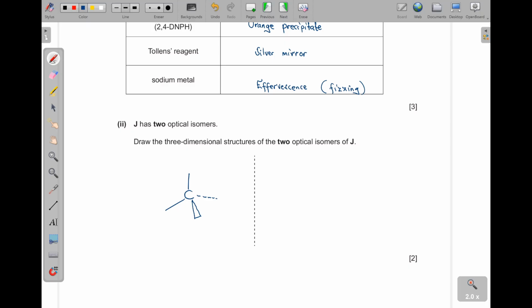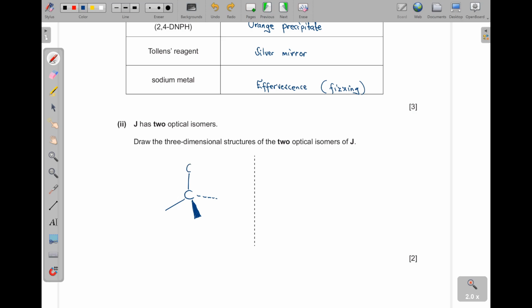This is 2D, but I want you to look at it. So the one that is a wedge here is the one that is facing you. And then the one that is going away is this other one here.